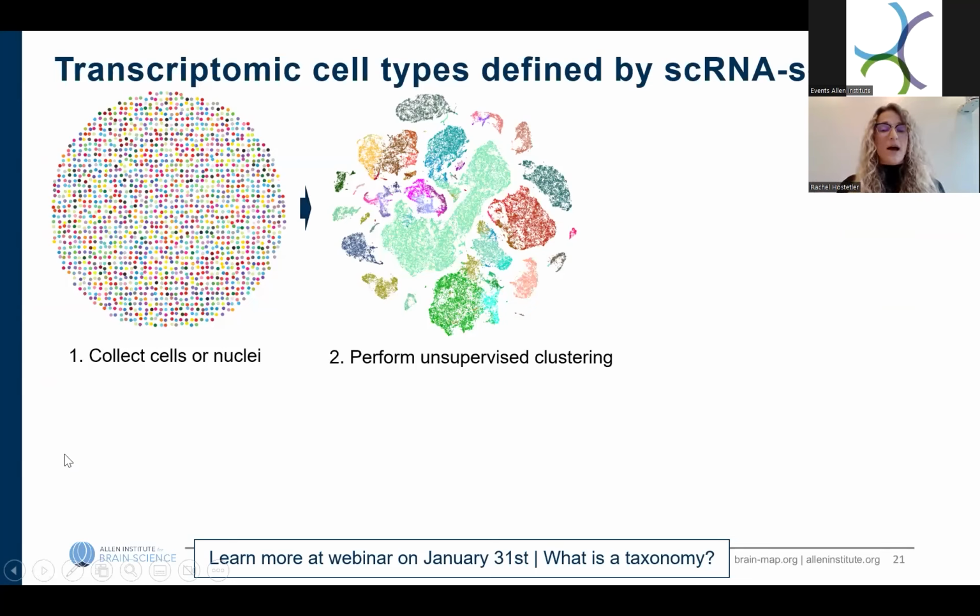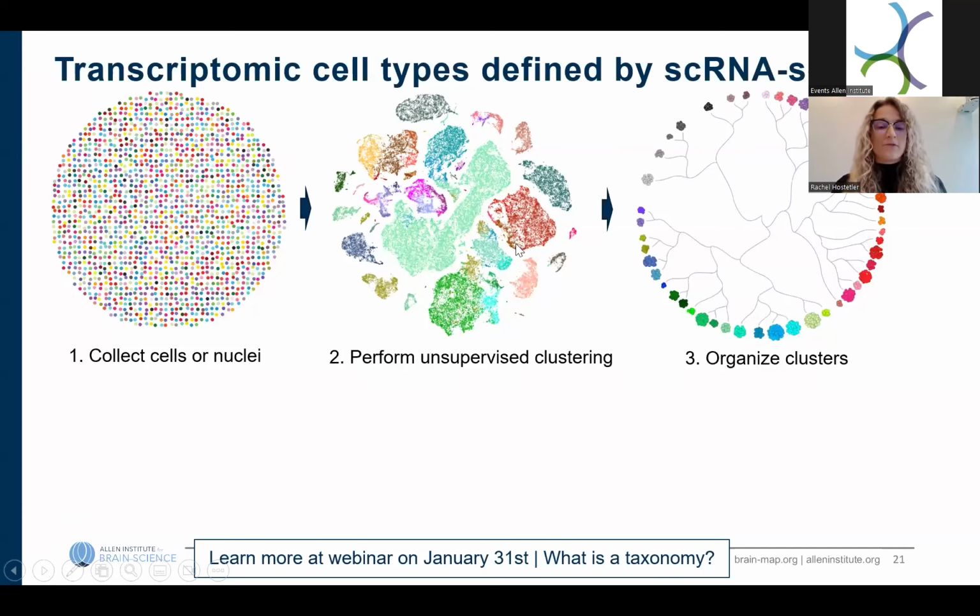The way the UMAP works is each individual dot represents a cell, and dots that are closer together are genetically more similar, and dots that are farther away from each other are genetically less similar. So all of the cells that are colored light green in the center are genetically similar and are different from the cells next to them that are colored dark green or red.